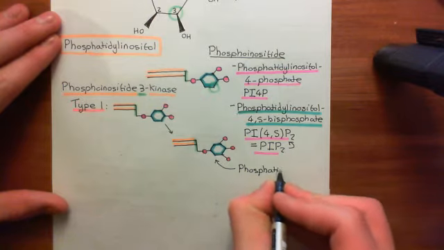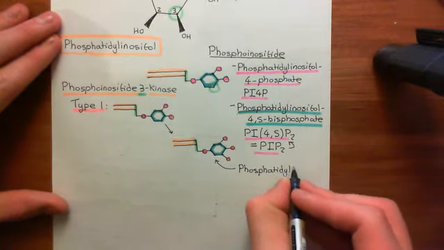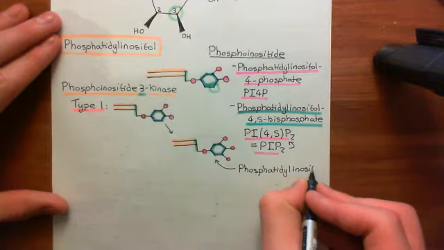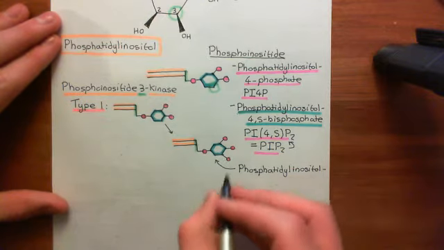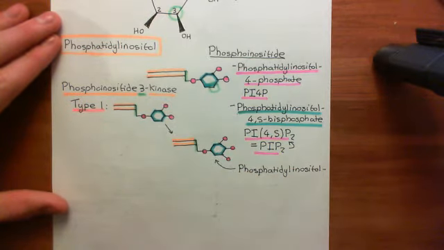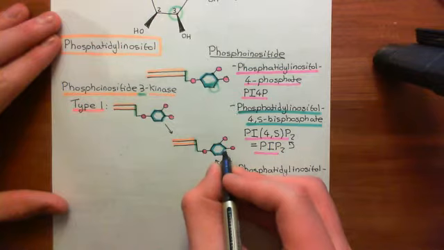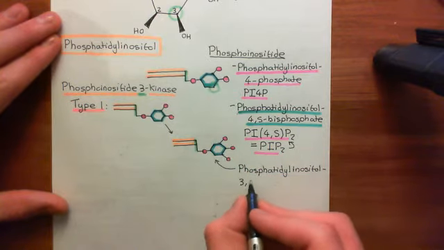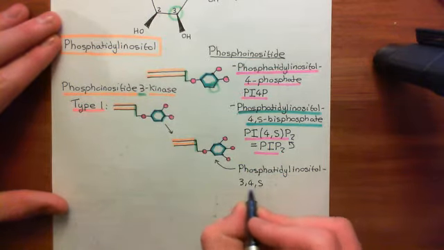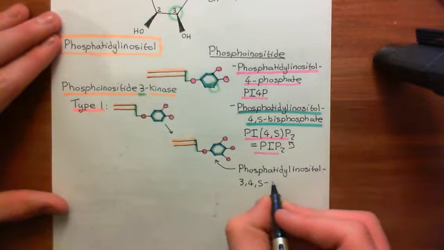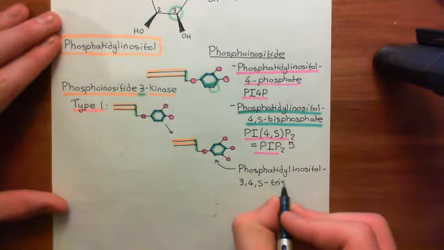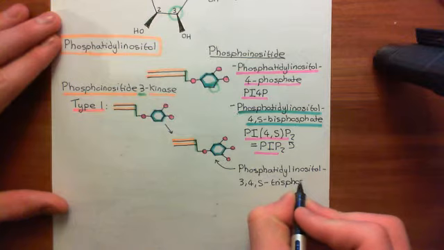Okay, so we'll start with phosphatidylinositol, and now we just need to tell the person what carbons you have phosphorylated. So it's going to be phosphatidylinositol, and we've got a phosphate group coming off the 3rd, the 4th, and the 5th carbon. So it's phosphatidylinositol 3,4,5, and now we've got 3 phosphate groups, so it's trisphosphate.